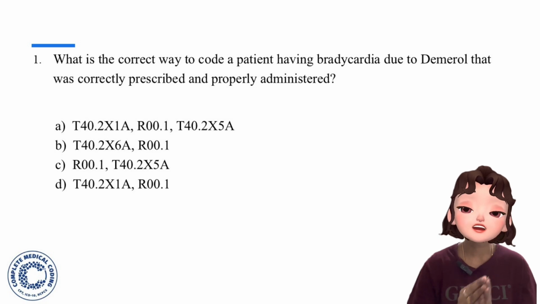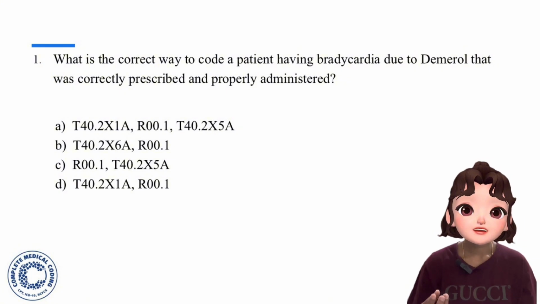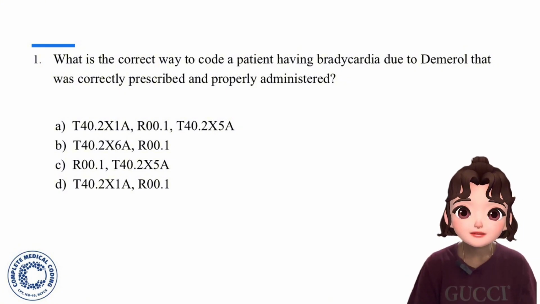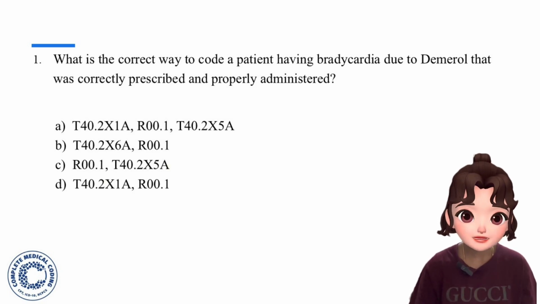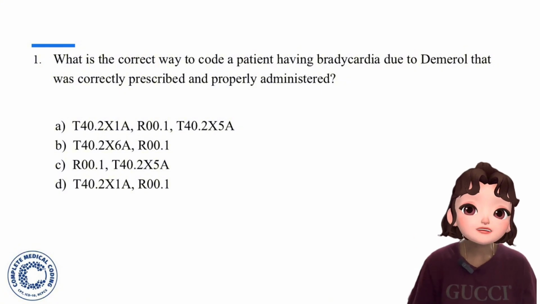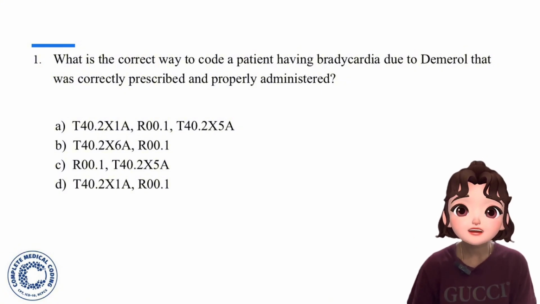You have to code initially bradycardia and then followed by the adverse effect, or what is caused. So the second code is T40.2x5a, which means adverse effect of other opioids, initial encounter. Because of that, the bradycardia is being caused, right? So that is the adverse effect.